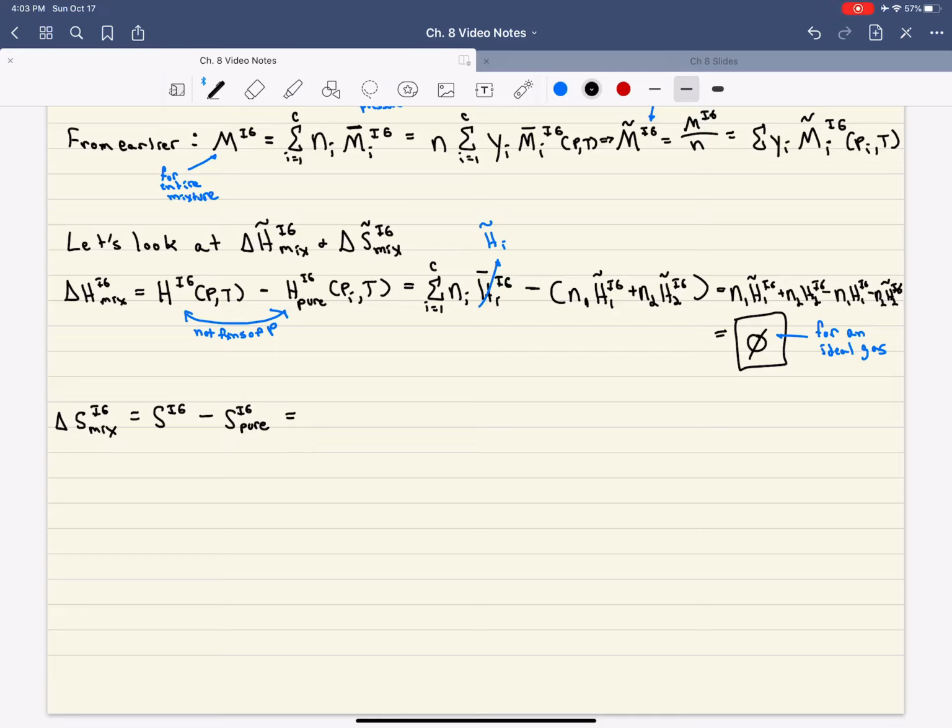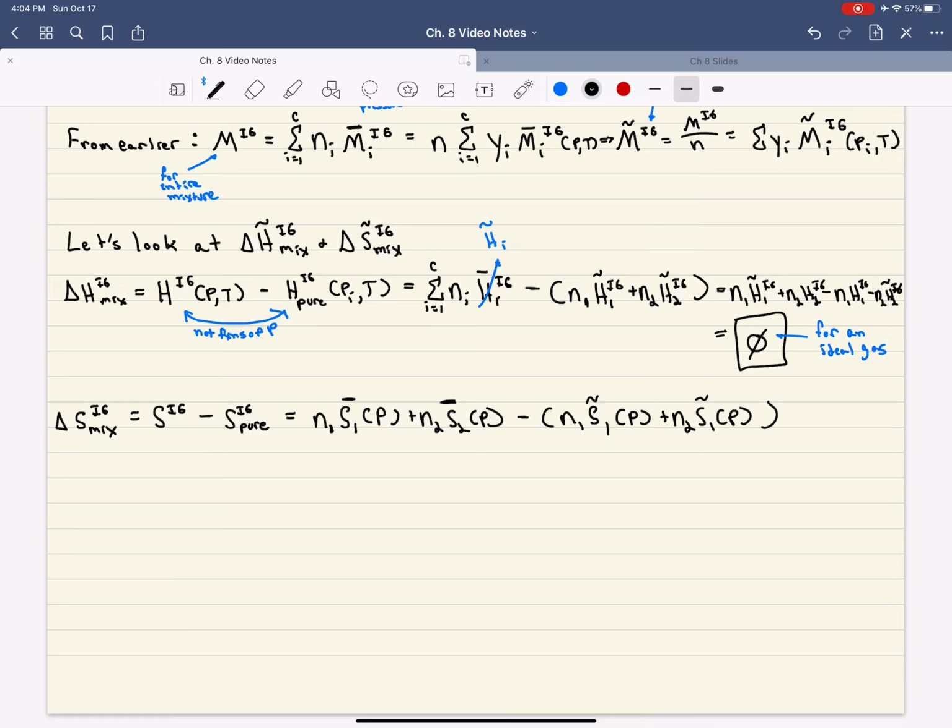For the entire mixture, let me just write it out, we get something that looks like this at total pressure P. And we're subtracting off this, N1 S1 at P plus N2 S2 at P. Oh, these squigglies should be bars.